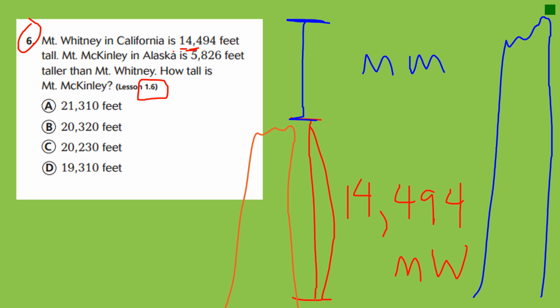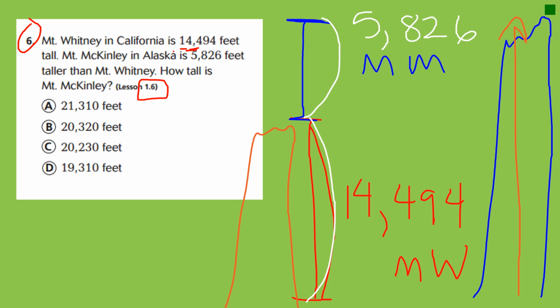So Mount McKinley is 5,826 feet taller. Now, they're not asking the difference or anything like that. They just want to know how tall is this mountain. Well, it is the size of Mount Whitney plus that extra 5,826 feet that says right here, feet taller than Mount Whitney.